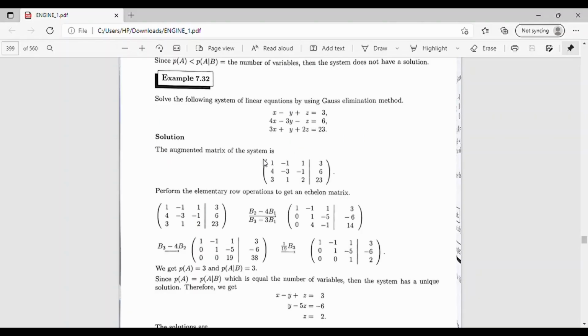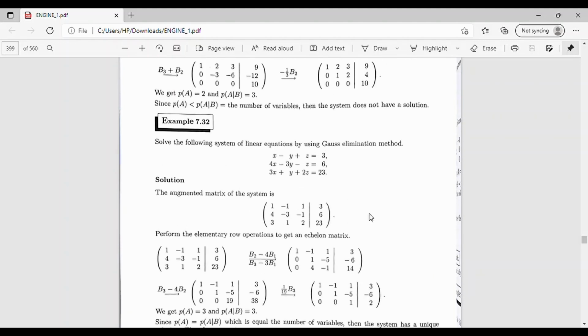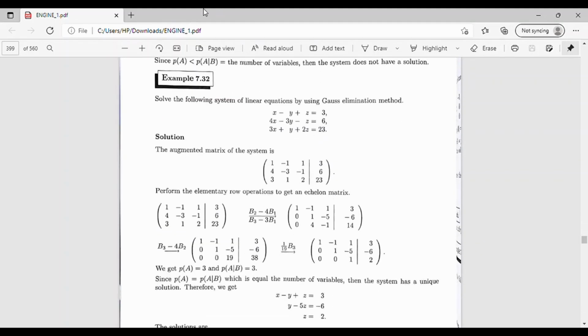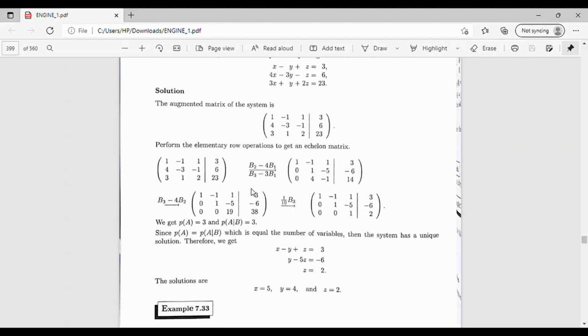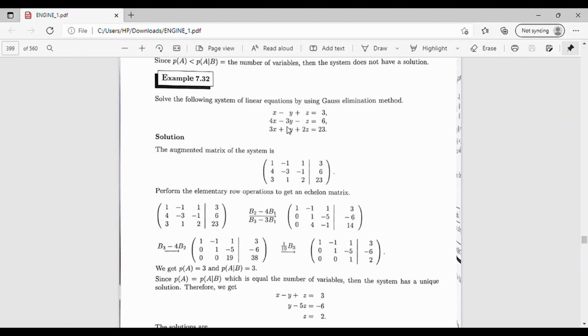Okay, so for the example of the unique solution system, we can go to page 399 of the textbook, Engineering Mathematics. So we can look at the question.